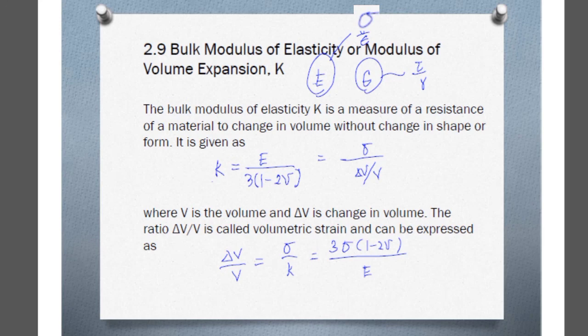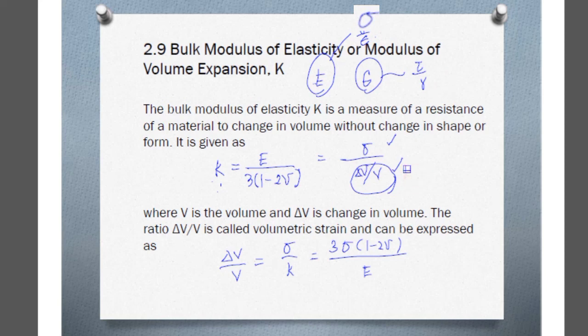Therefore, this K here, which is the bulk modulus of elasticity, is stress over the strain, wherein this strain here is the ratio between the change in volume and the original volume. Now, the ratio of the change in volume over the original volume is called the volumetric strain. Ang strain natin dito, we have the axial strain. Ito ay shear strain. We have the volumetric strain.